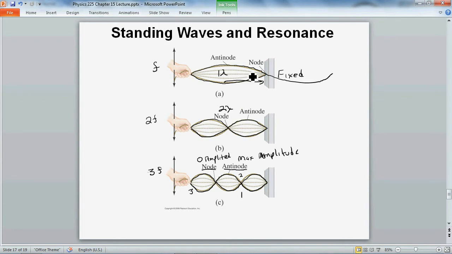And I guess they're also counting this fixed end as a node, so there would be 3 nodes. This would be a node here. So there's 2 nodes, and here you'd have 1 node and 1 antinode.